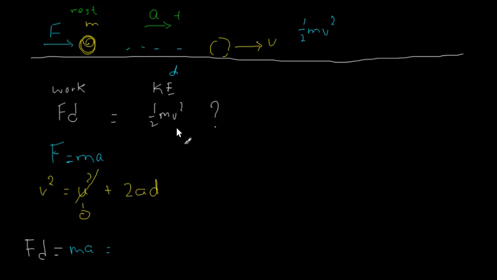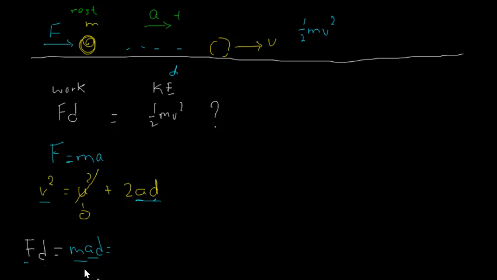Now I need to relate a to v, and I can actually do it here. I have this equation that relates v to a and d. F was ma, so I still have a d there to put in. See, I have ad here and I have ad there.